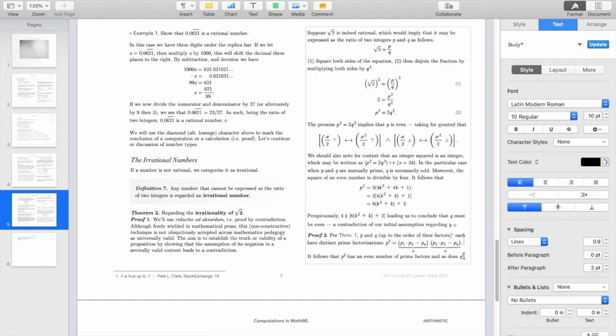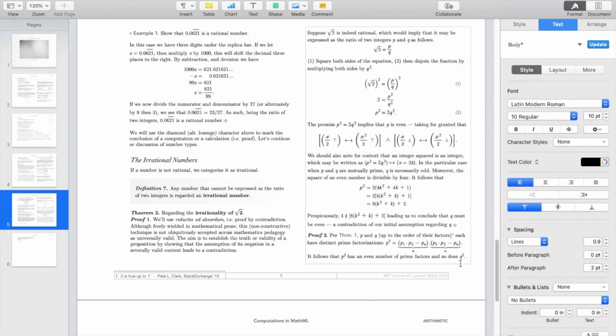Okay? Because Q has a number n of prime factors. If this were Q squared, let's say m, Martha, right?